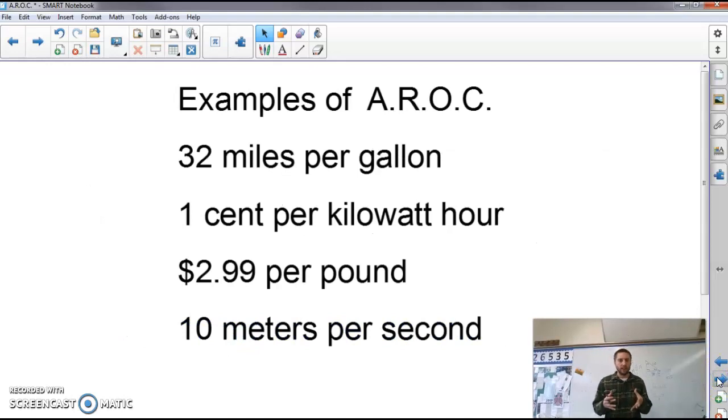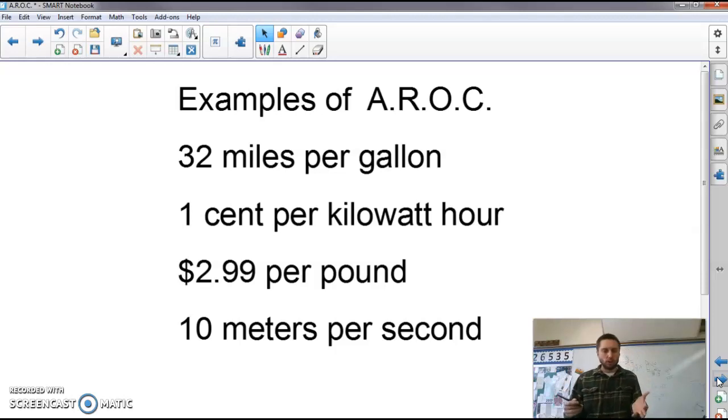So on this slide, everyone knows when you get into one of these new fancy cars these days, it tells you your gas mileage, or if you've ever watched commercials about getting cars, and it says 32 miles per gallon. That is a rate of change. Or if you look at your electric bill, that's measured in kilowatt hours, so 1 cent per kilowatt hour.